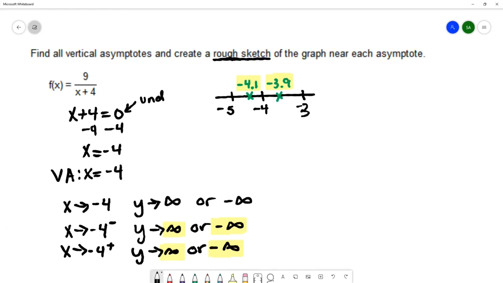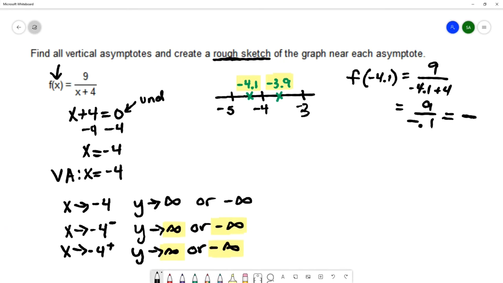I'm going to substitute those numbers into our function and see what happens. If I plug in negative 4.1 for x, that gives 9 over negative 4.1 plus 4, which is 9 over negative 0.1, and that gives you a negative number.